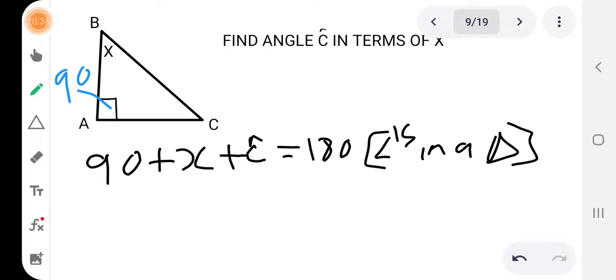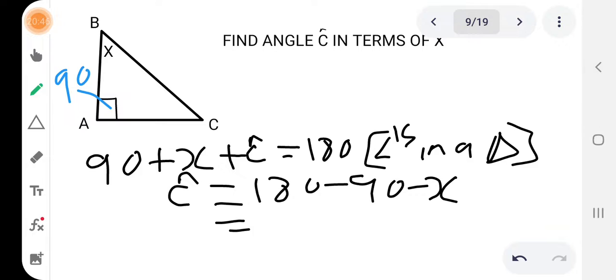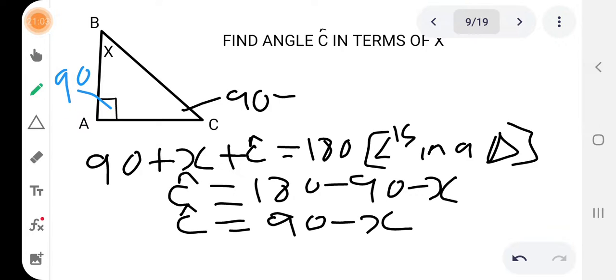Okay, so in this case we want C, so we say 180 minus 90 minus x. Therefore we have 90 minus x. Therefore our angle C is 90 minus x. Remember, they say in terms of x. So therefore our C will be 90 minus x.